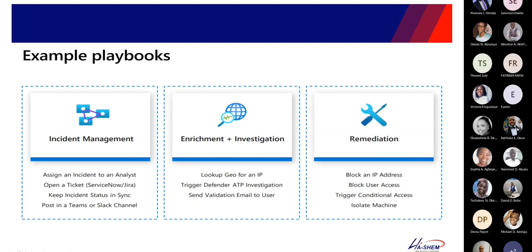And there's also a playbook that does remediation, carrying out an action whenever a particular event occurs, such as blocking an IP, blocking a user's access, triggering conditional access, isolating the machine, or shutting down the machine. So those are some of the features of playbooks.